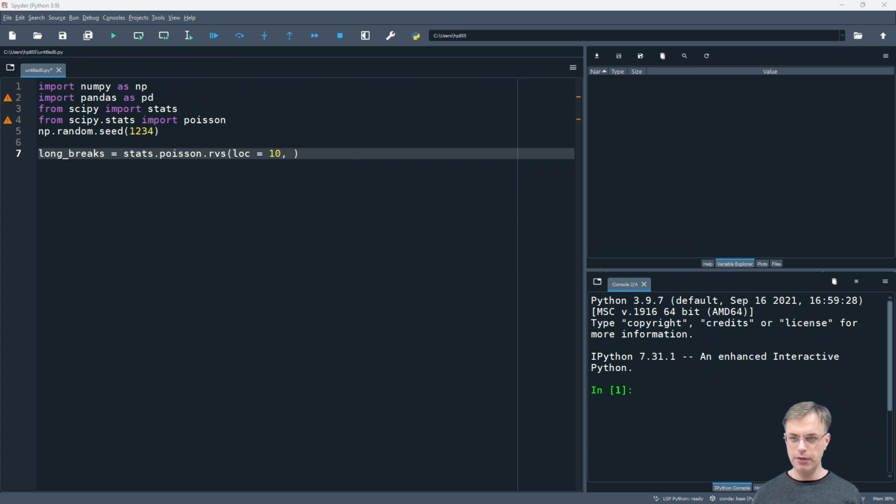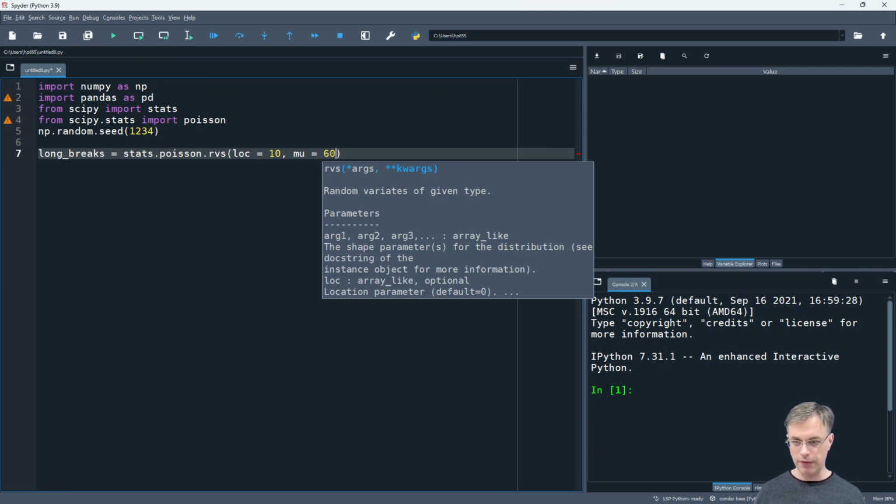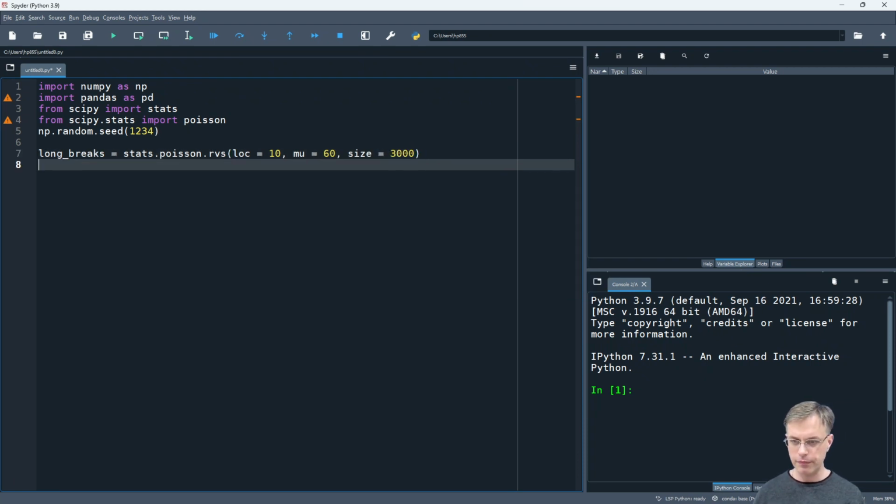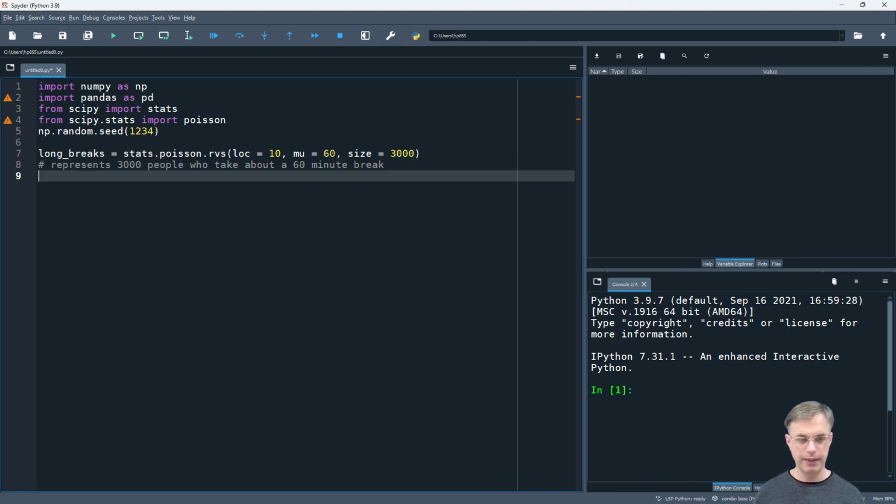The mu is the shape parameter, which is 60, and that's about the 60 minutes break time, and the size is right now 3000. So this represents 3000 people who take about a 60-minute break.